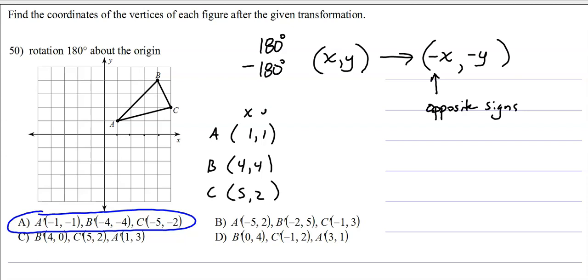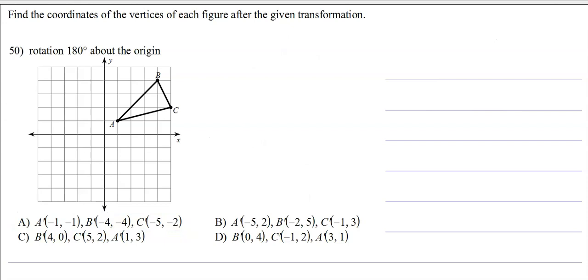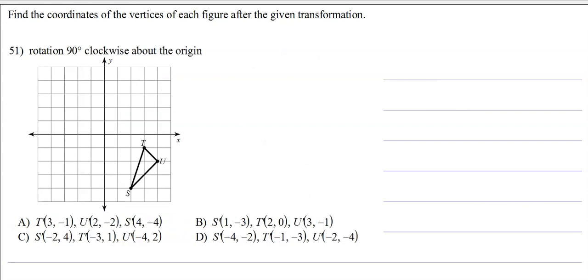And now we take the XY rule and we make it be opposite X, opposite Y. And looking through, that matches up with this one. But that's a lot of work. You don't need to do all that. That's why some kids finish the test so fast, because they realize they don't have to do all the work to find the right answer. It's good for the SAT.